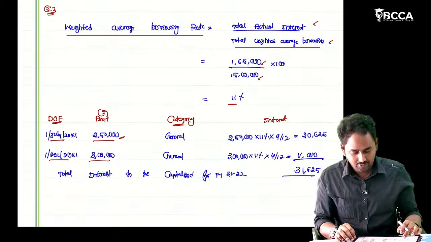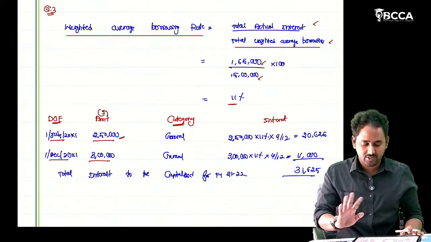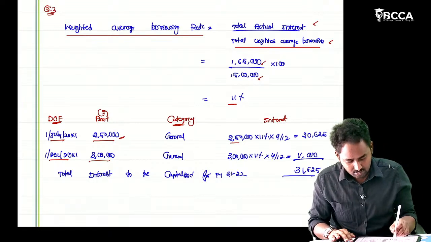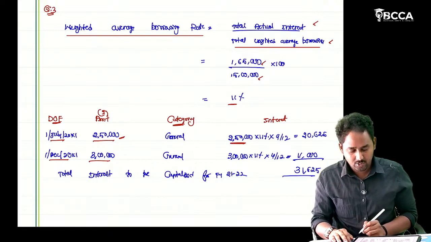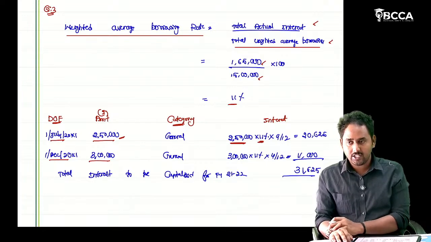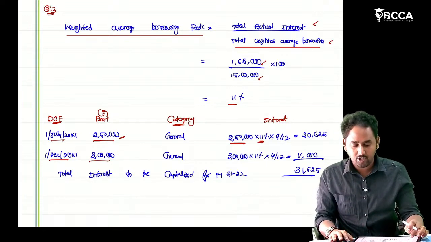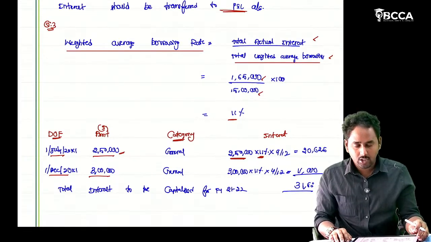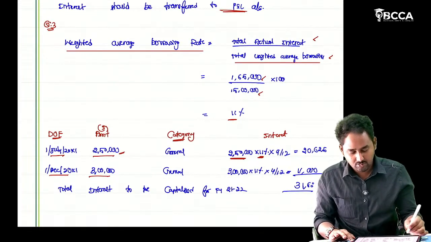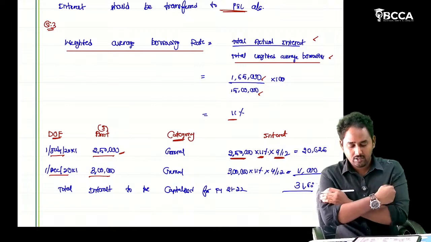So what is the formula for the capitalization of interest for the general borrowings? Expenditure incurred into the rate of interest, 11%. The rate of interest for the general borrowings is total actual interest divided by total weighted average borrowings, into the period.